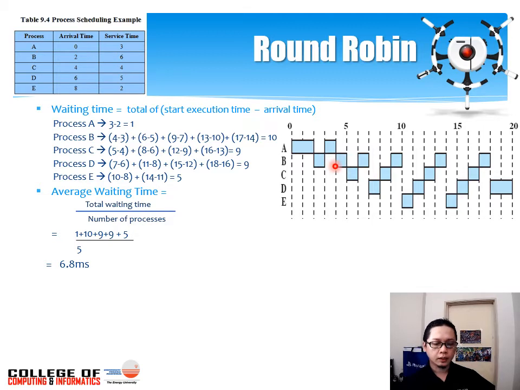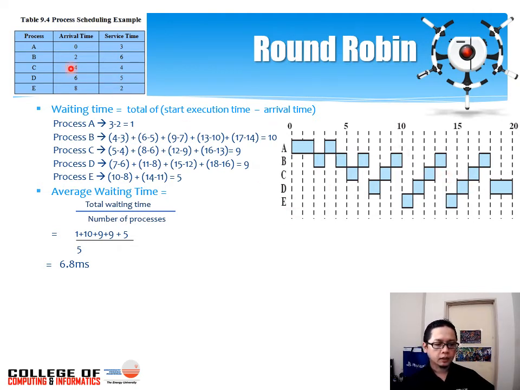This is the waiting time for the process: 1, 2, 3, 4, 5, 6, 7, 8, 9, 10. That is for B. And for C, the arrival time is 4, so there will be an empty block here: 1, 2, 3, 4, 5, 6, 7, 8, 9. That is the waiting time for C.